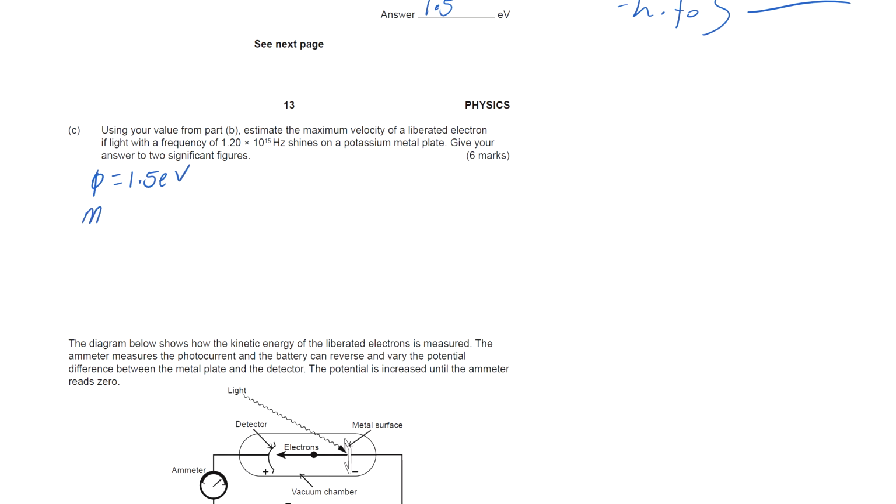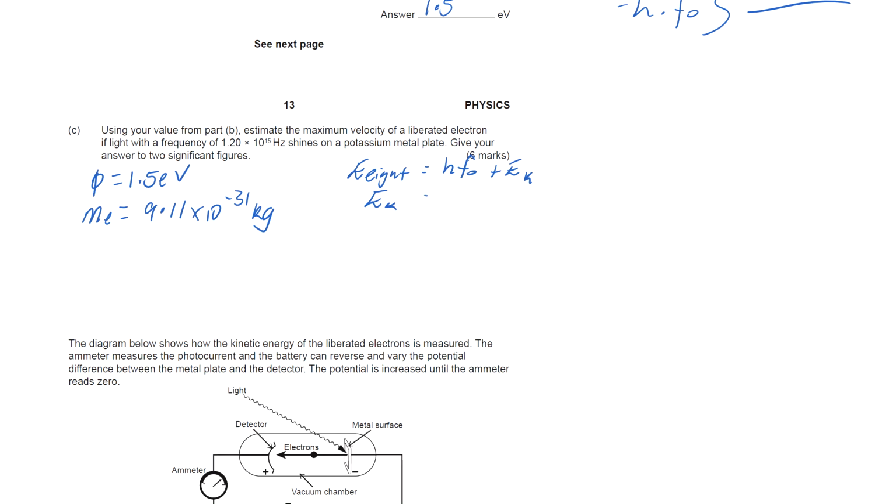We know also from our formula and constant sheet that the mass of an electron is 9.11 by 10 to the -31 kilograms. Right, so we know also that E light is equal to hf0 plus EK.